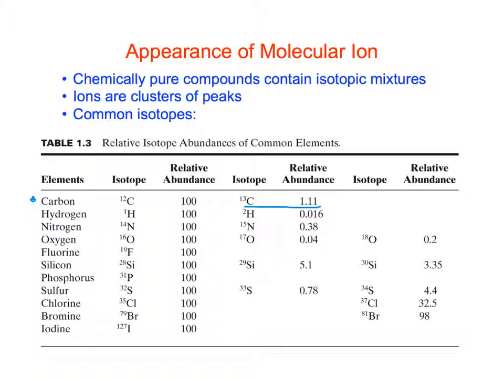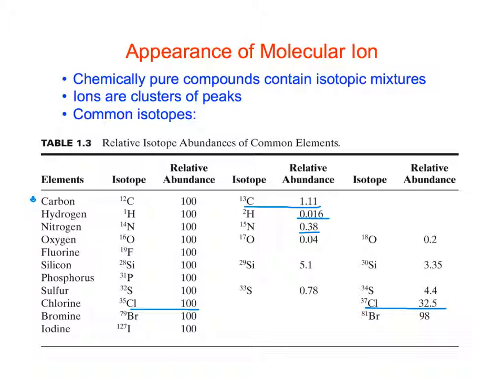All right, so there are other important ions here too. Deuterium is pretty small, but it can contribute, and N15, you can see that. But some of the important ones are the halogens, right? Chlorine, they set the most abundant ion to 100%.